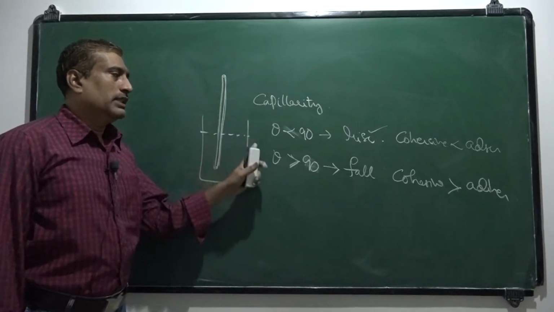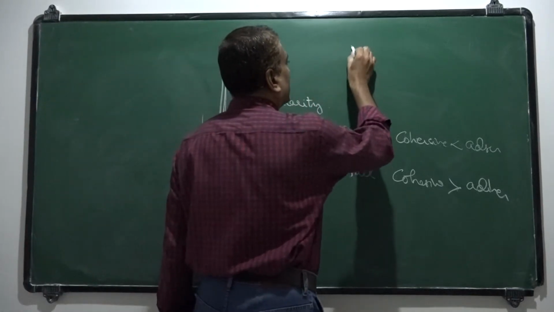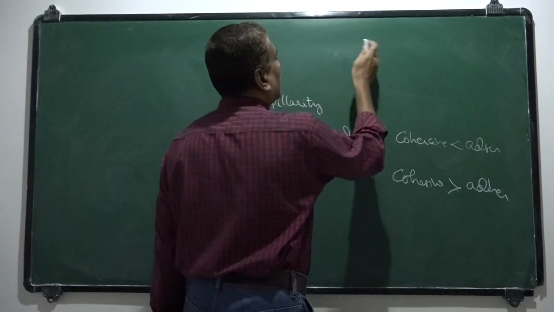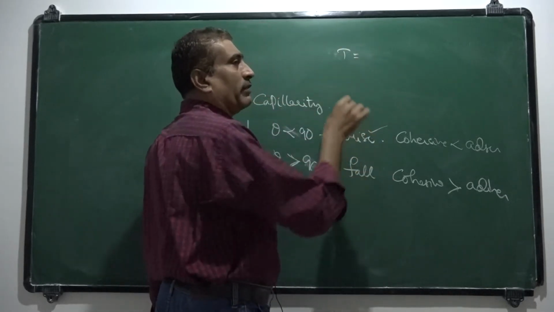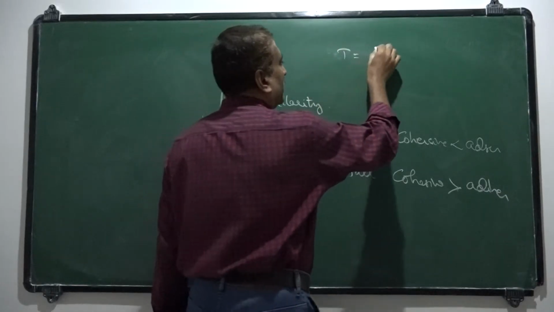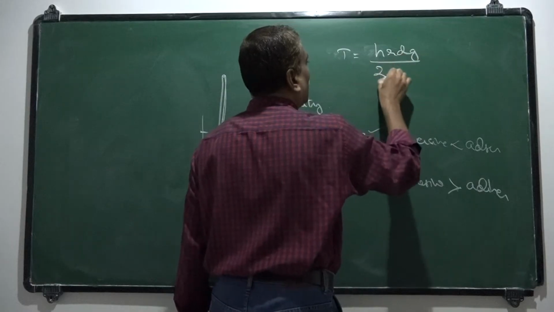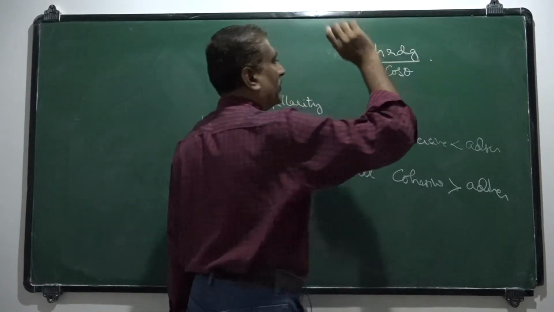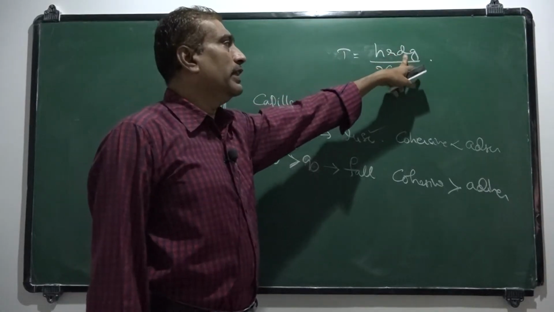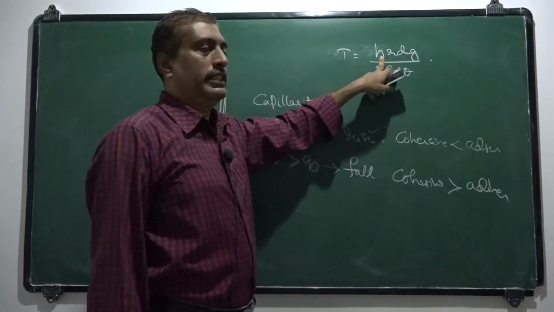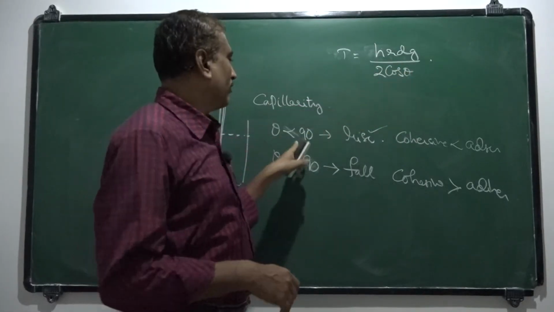So this is the capillarity, and the capillary rise h is given by the surface tension of the liquid, which can be determined by the capillary rise method by this formula: h = r h d g by 2 cos theta, where r is the radius of the bore of the capillary tube, d is the density of the liquid, h is the height rise or height fall, and theta is the angle of contact.